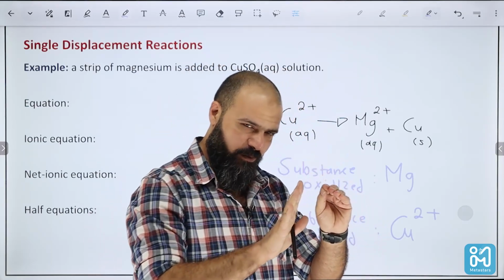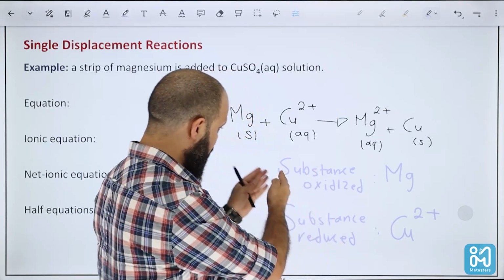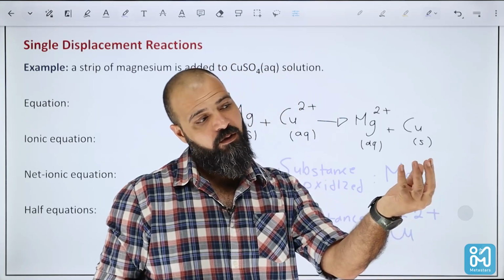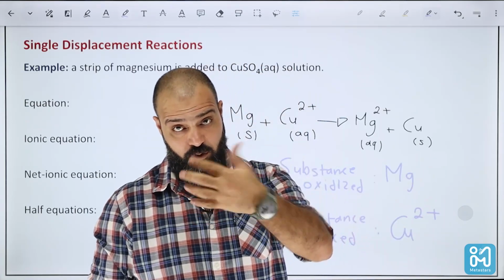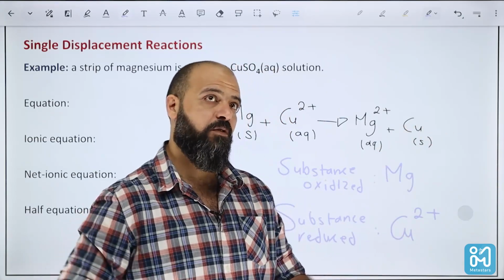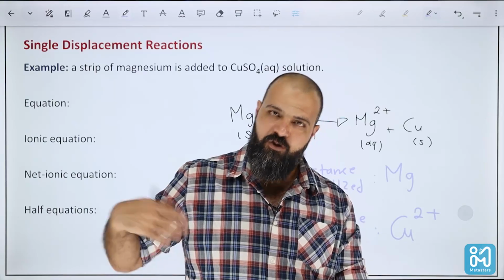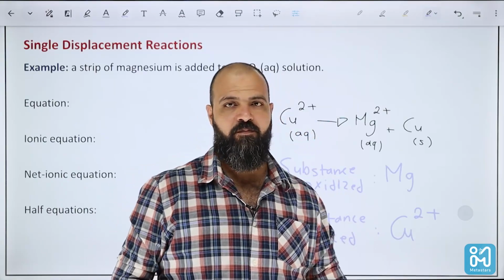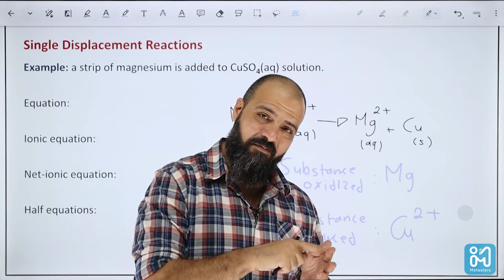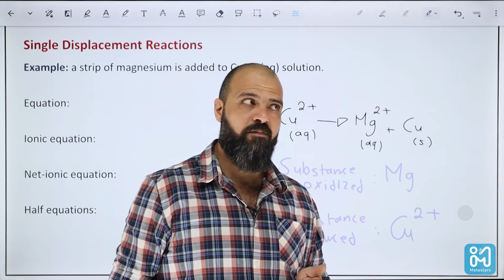And to go further, when magnesium is oxidized, it loses 2 electrons, giving these 2 electrons to copper ions, so copper ions get reduced. So we can say copper ions will not be reduced unless we have magnesium, which means magnesium is the reason why copper ions get reduced.